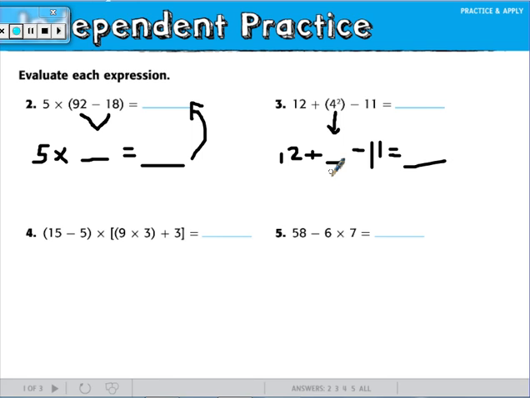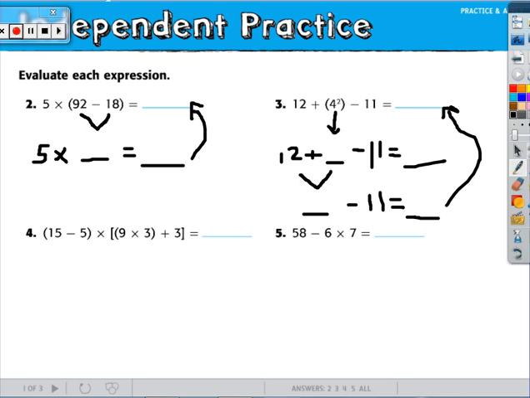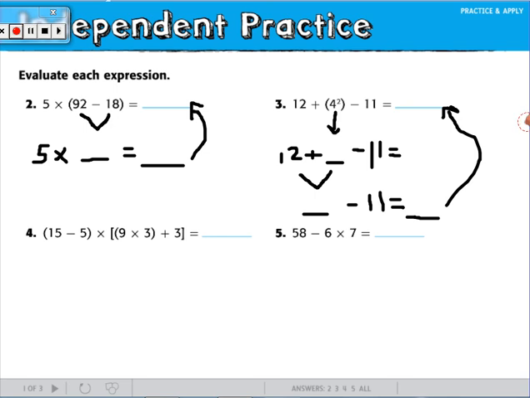Actually, this one you won't be solving. You're going to have to do this. Bring your answer down. Minus 11 equals. Then you're going to solve it. And you're going to move your answer up. Okay? So, I hope that me laying those first 2 out for you helps you.